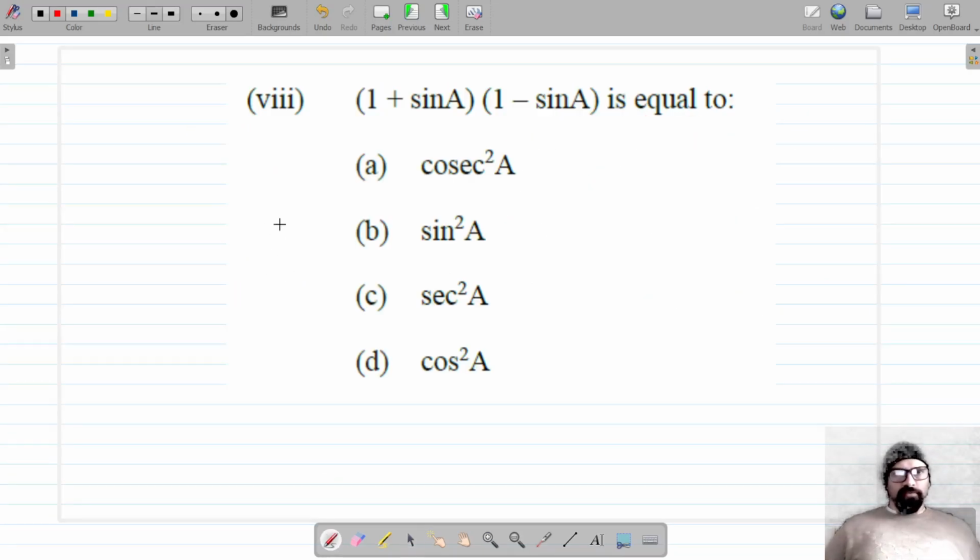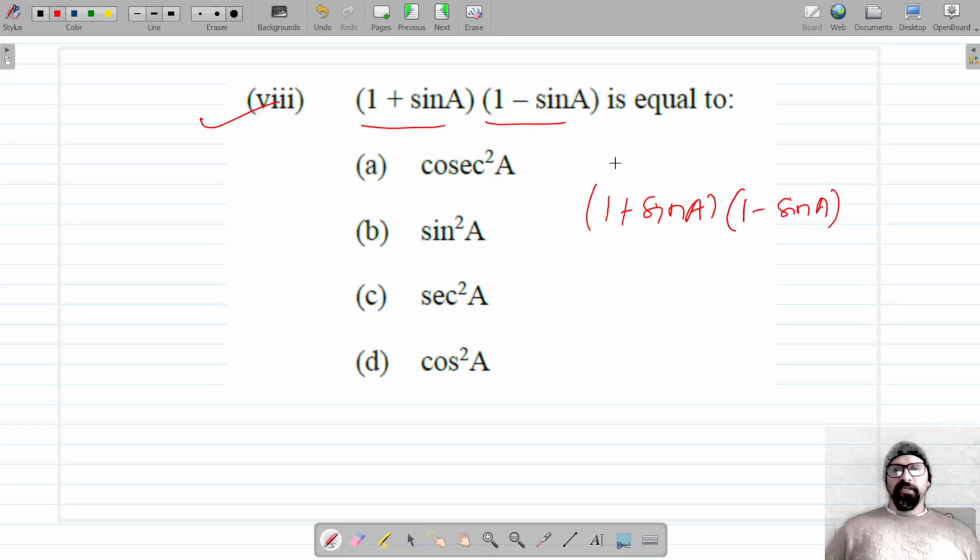Okay, for question number 8, it's given that 1 plus sine A into 1 minus sine A is equal to, out of these four options. So we have this 1 plus sine A into 1 minus sine A. And it's in the form A plus B into A minus B, which is equal to A square minus B square.